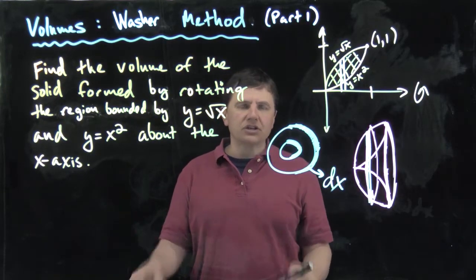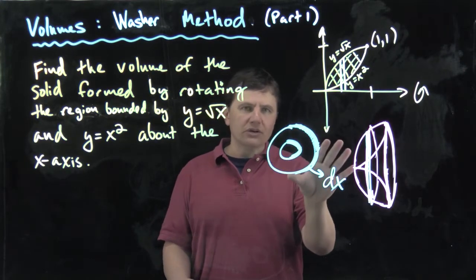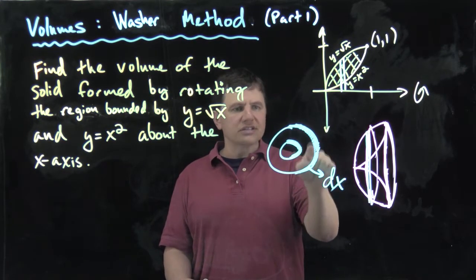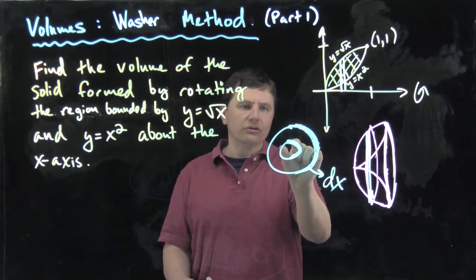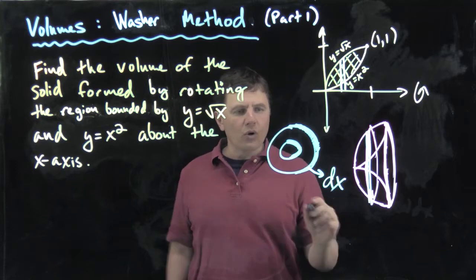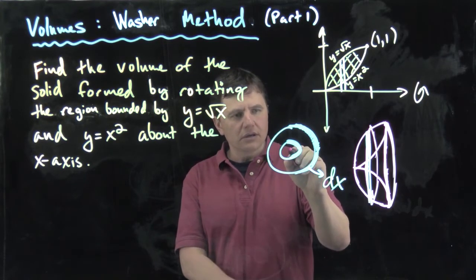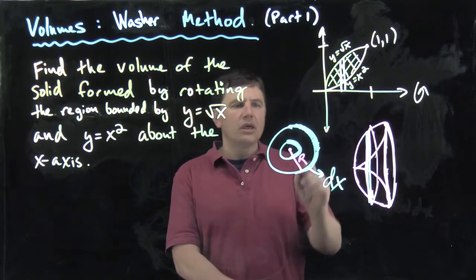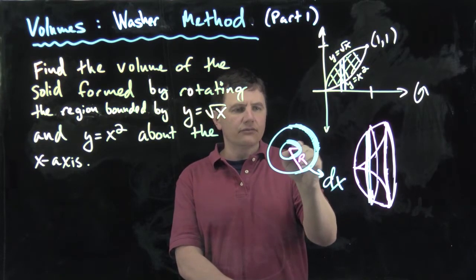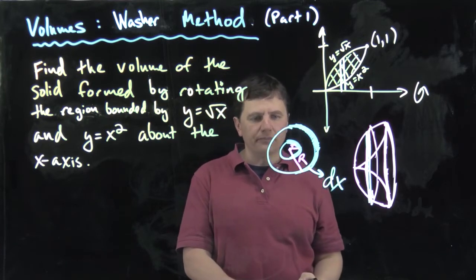Okay, so now let's find the volume of this thing. And I think we can logically think through that the volume of this thing is really going to be the same as two cylinders: an outer cylinder, which forms this outer thing, subtracted by a hollow cylinder. So we're going to call the radius of the outer part big R. And this little radius, for the hollow part, we're going to call little r.